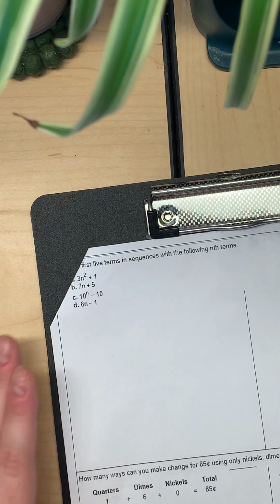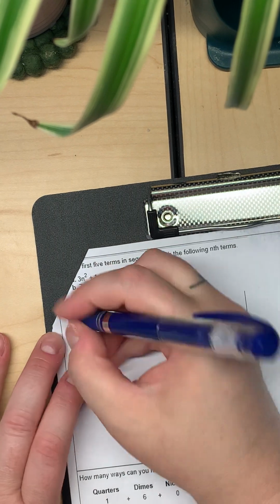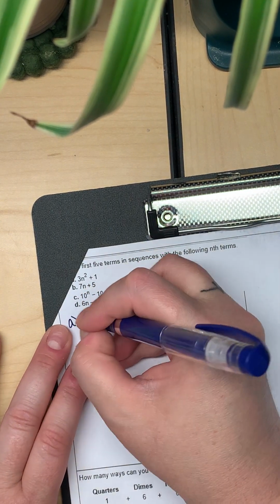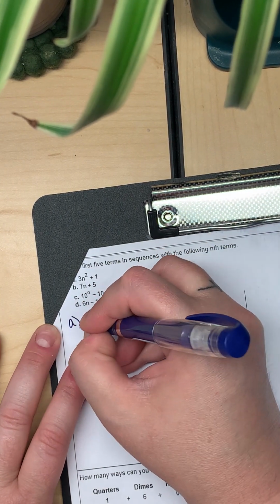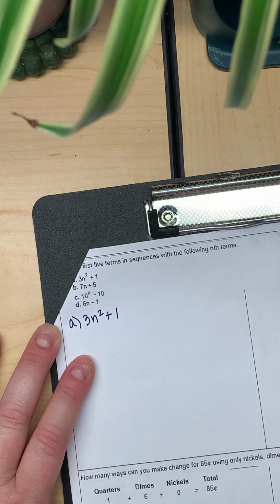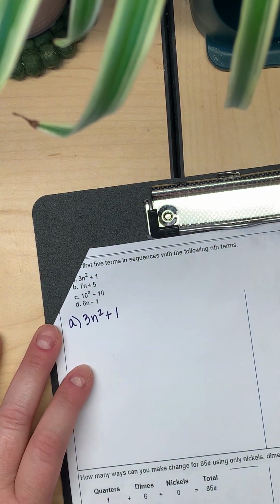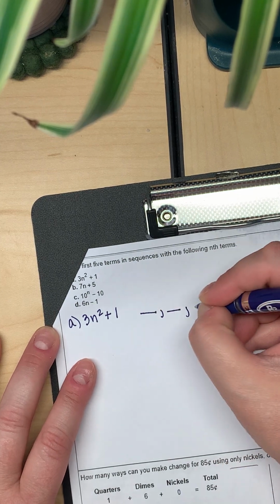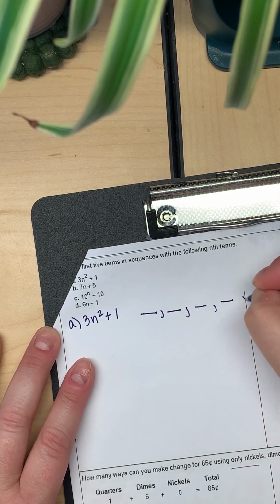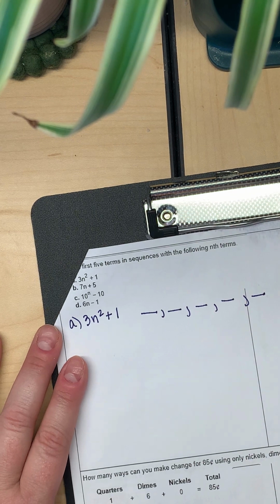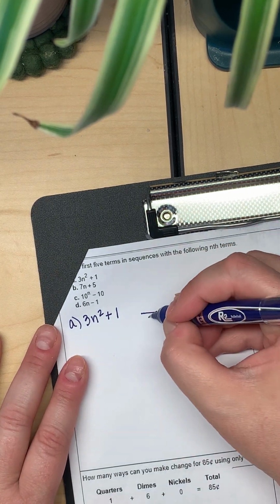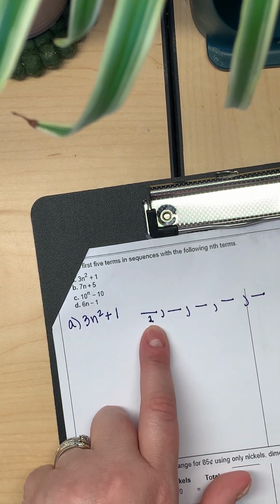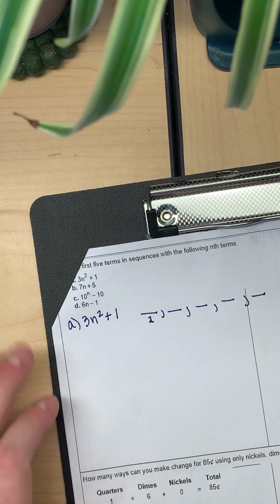So first let's work on this 3n squared plus 1. And remember, we need 5 numbers in a list of sequences.